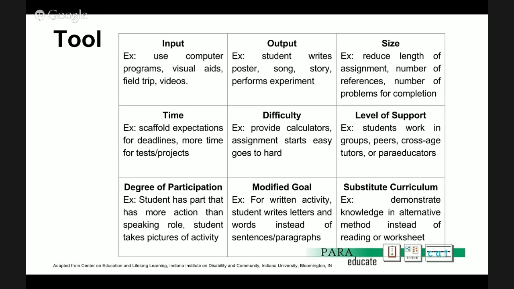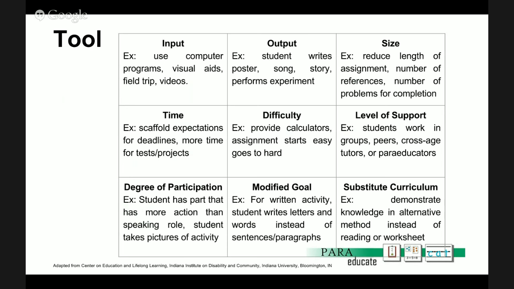This is one of my favorite tools. This 9 chart explains the things that we need to do to get our students to demonstrate they are interested in the work that they're doing. There are 9 different ways to change academics so that the student can meet it.